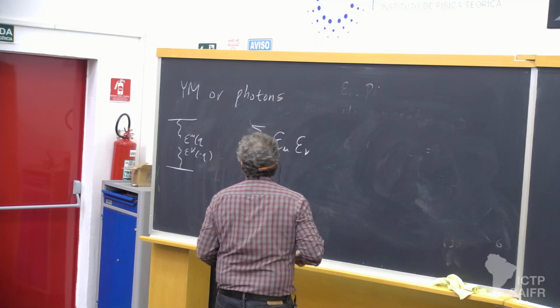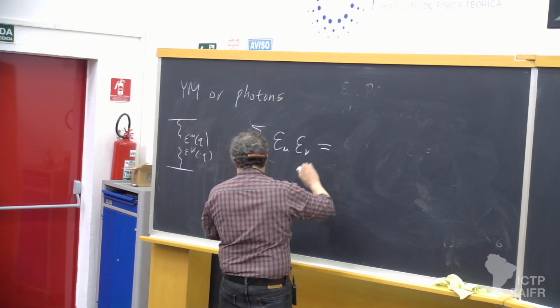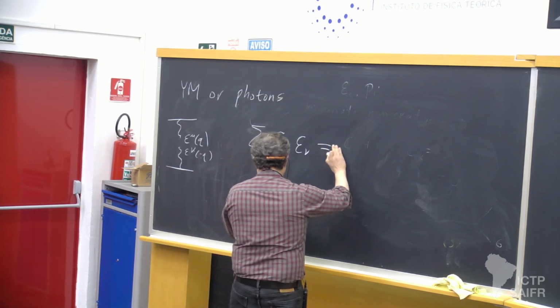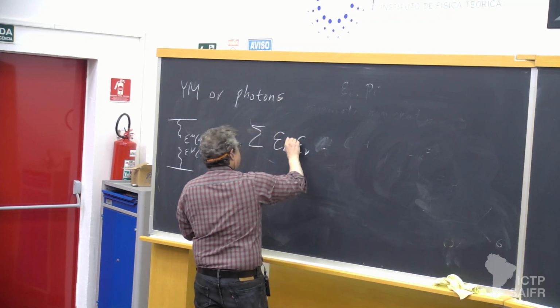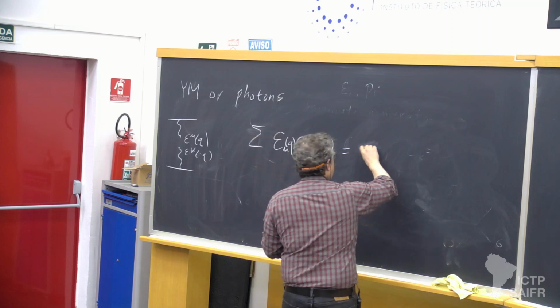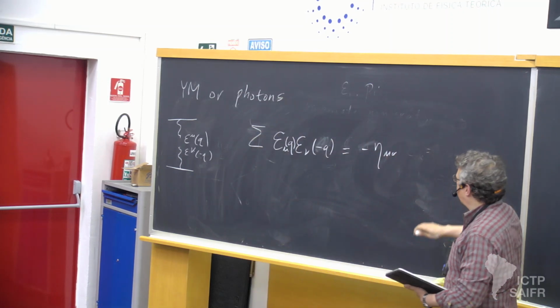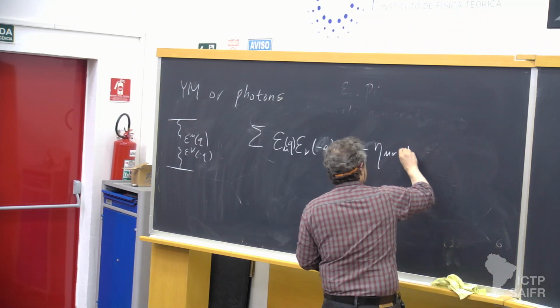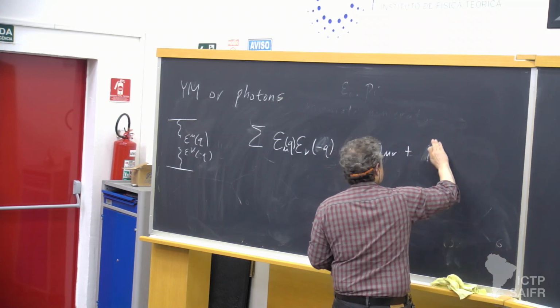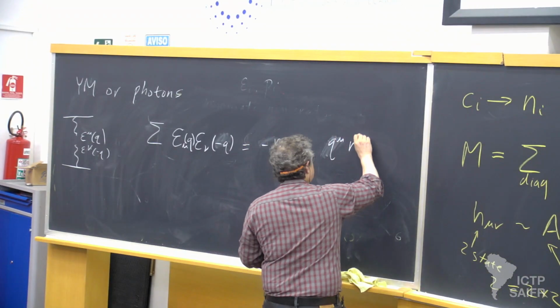Let's make this Q and minus Q. And this has a nice formula. The minus sign just has to do with conventions and the metric and so forth. And then plus Q mu, make it R nu.